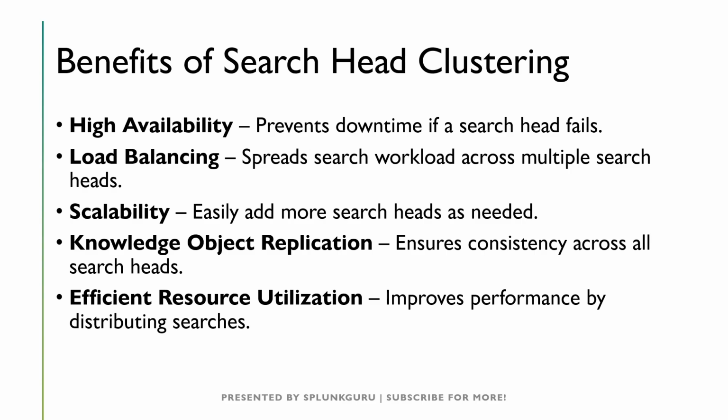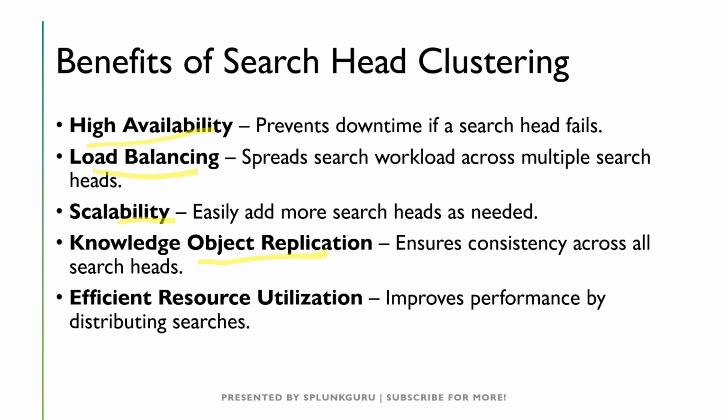If you see the main benefits here: high availability, because you are going to have redundancy of your artifacts; load balancing, so you can manage the load; and scalability, as we can easily scale your environment by adding new search head members to your cluster.